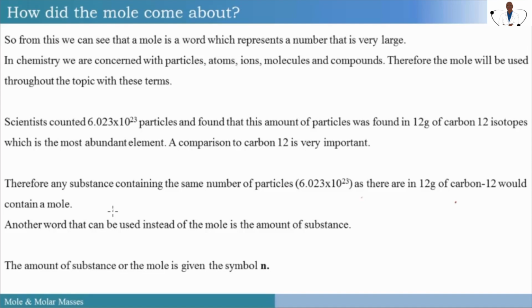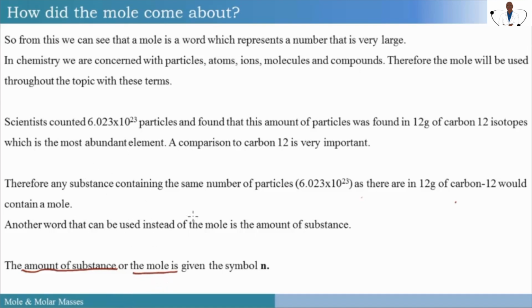If it contains twice that number of particles, then 2 moles would be present. So notice we keep saying the amount of substance. So amount of substance is another name that we use for the mole. So here we have amount of substance, which is the same thing as the mole.